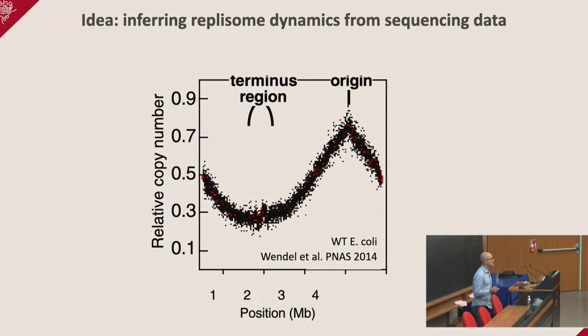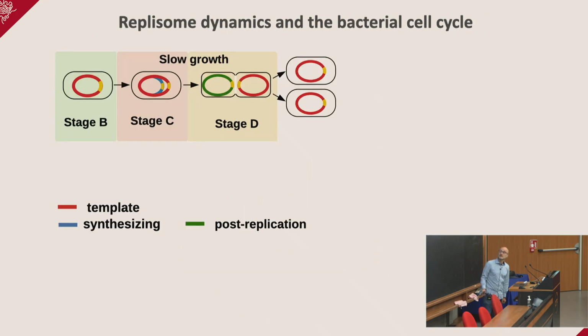But there is a small complication, and this has to do with the relation between DNA replication and the cell cycle. In slow growth conditions, and again, this is a bit of a review of basic bacterial biology, but if you know it, I apologize, and if you don't know it, this is important. In slow growth conditions, the cell cycle of bacteria is characterized by three different stages that are organized depending on DNA replication.